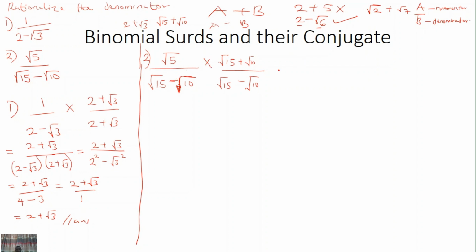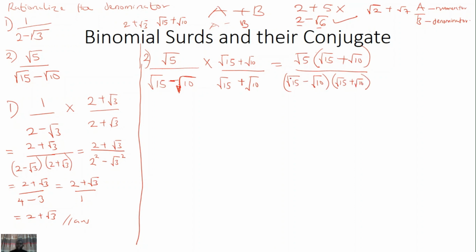Now, this is going to give us root 5 bracket root 15 plus root 10 all over, sorry, this place should be plus, all over root 15 minus root 10 times root 15 plus root 10.